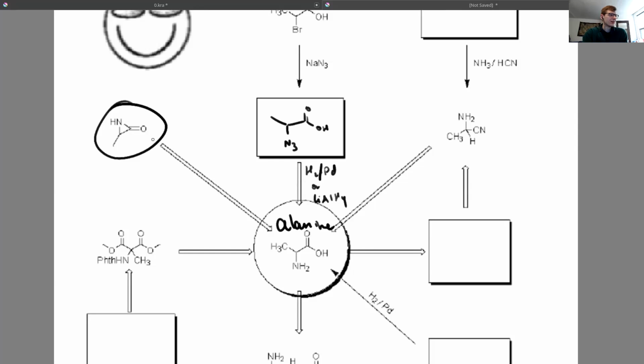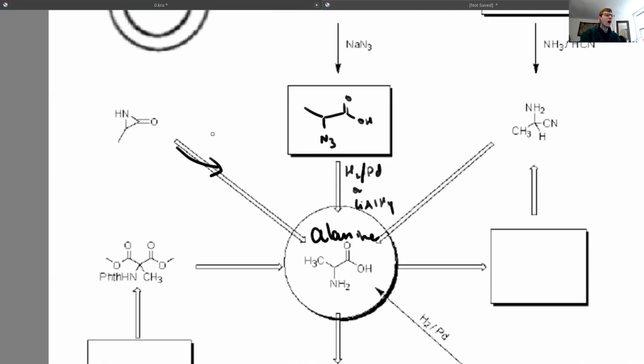What about this thing? This abomination of an amide. I don't know. You'd obviously have to open that weird ring. But I don't know what the easiest way to do that would be. Okay.